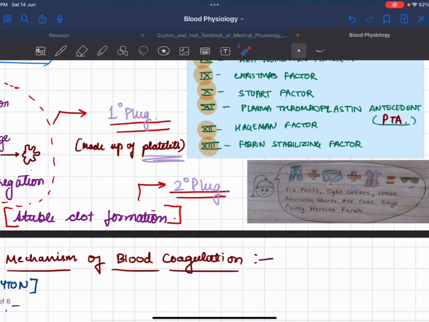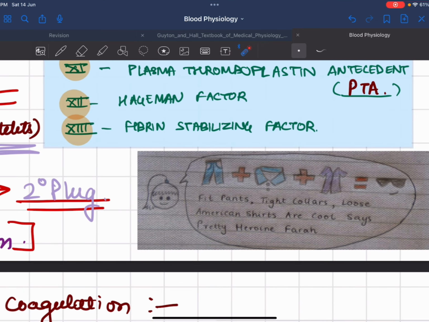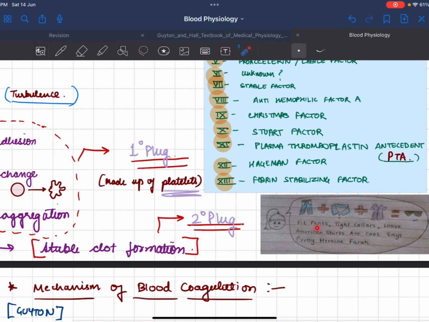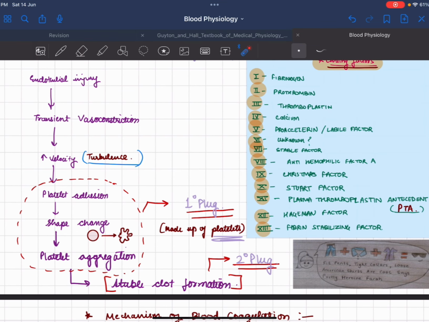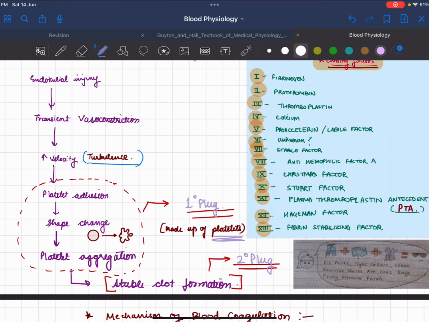Okay. So now if we see the mnemonic, it says: fit pants, tight collar, loose American shirts are cool, Stewart says pretty heroine Farah. Okay, so F, fit, is fibrinogen, then P, pants, is prothrombin, then tight collars is thromboplastin, then calcium.